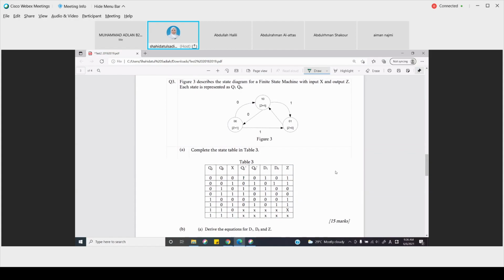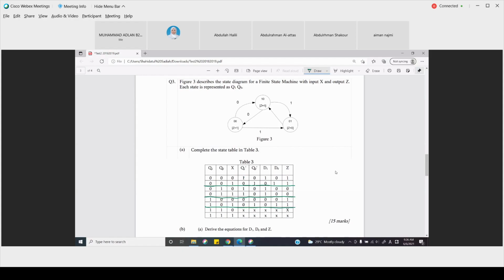Okay, there are 3 states, which is state 0, 0, and then state 0, 1. And then state 1, 0.